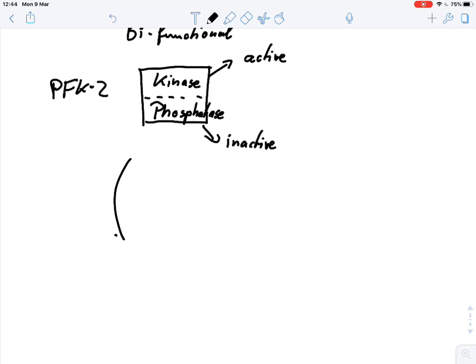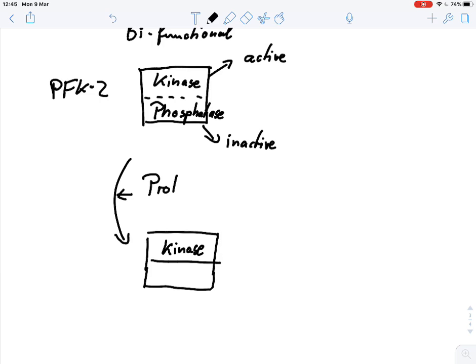But if we use another kinase, in this case, the kinase is called protein kinase A. It uses, again, ATP.